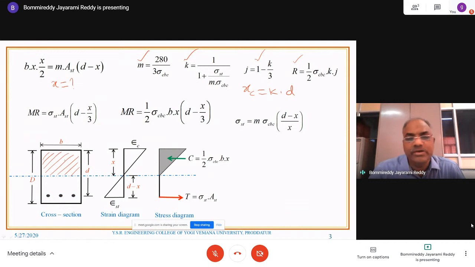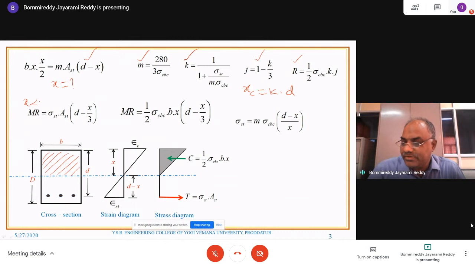You can look at the red hatched: b into x multiplied by x by 2 will be equal to equivalent steel area m into ast, and its distance will be d minus x. So use this formula and compute the value of x. Once x value is known and the critical depth of the neutral axis is known, now compare it.